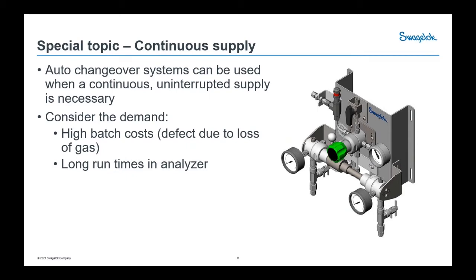Or maybe you've got a long time running analyzer that, if you swap over cylinders, you're maybe corrupting your results, or making sure your conditions will end up non-ideal. And of course, this can also manually swap over as well if you get to that point.